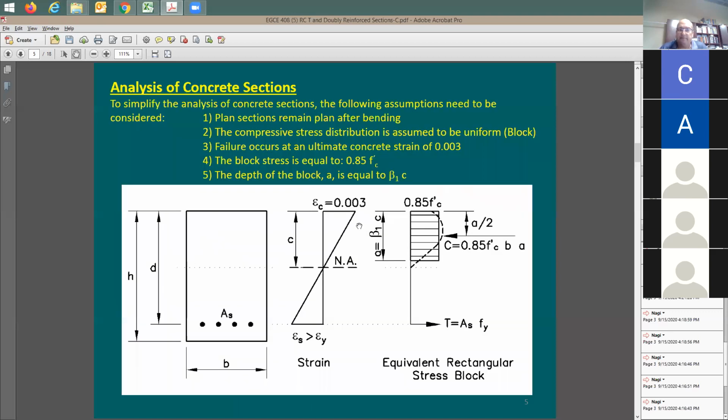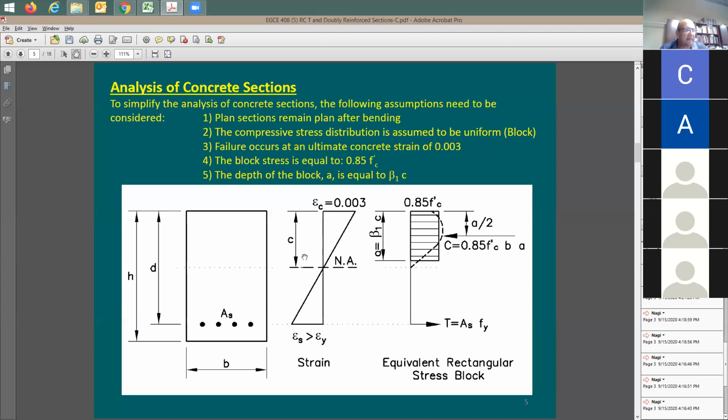All right, section analysis. I guess you guys have seen this slide before. There's nothing new here. In the section analysis, the maximum compression strain in the concrete is going to be 0.003. This is where the section failed. So this is going to be like the capacity point.